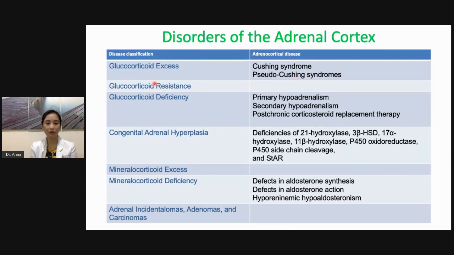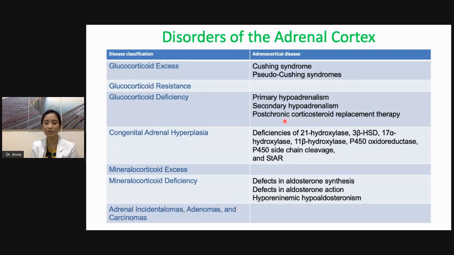And then you have glucocorticoid resistance, and glucocorticoid deficiency, primarily your primary hypoadrenalism, if the problem is with your adrenal glands, or secondary hypoadrenalism or hypocortisolism. They're interchangeable. Usually it's the pituitary that's the problem.